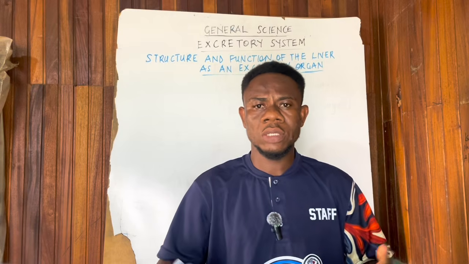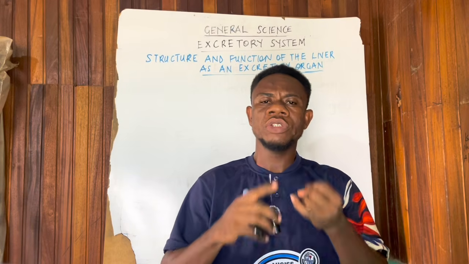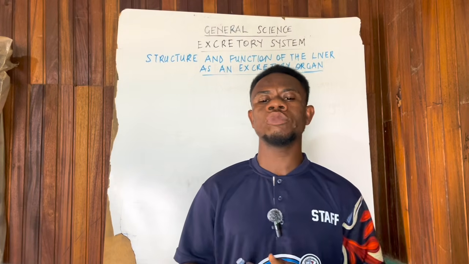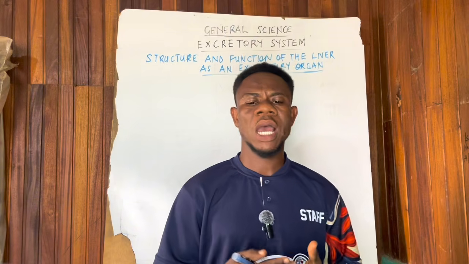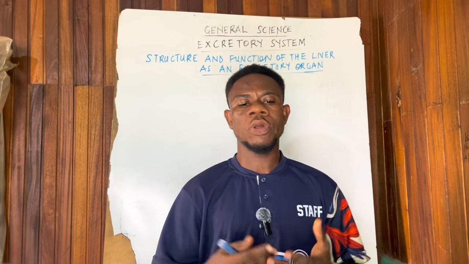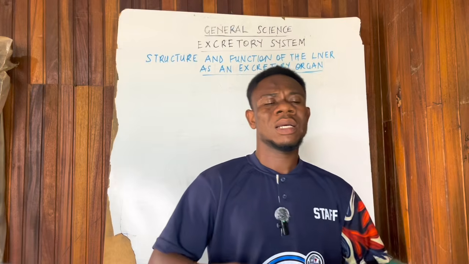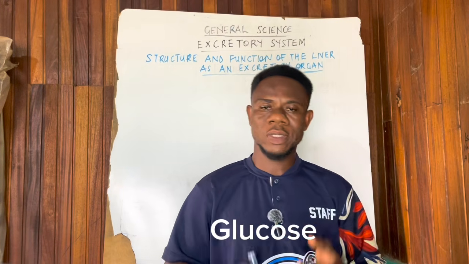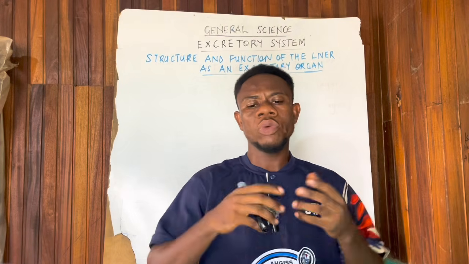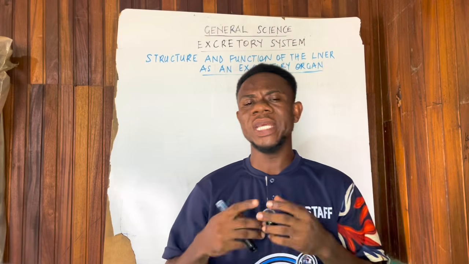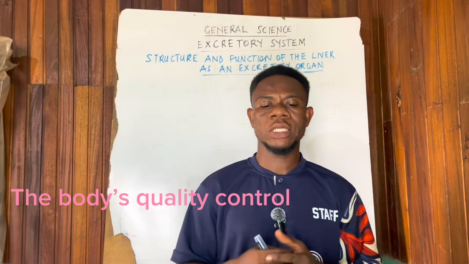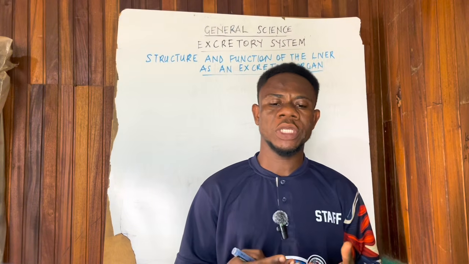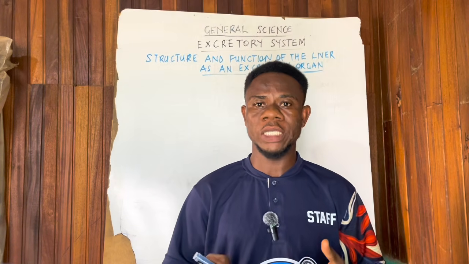What are these raw materials? We will say the raw materials are nutrients and blood. It processes them through complex chemical reactions, produces useful products like proteins, glucose, and bile, and removes waste and maintains the body's quality control, all to keep our body functioning properly.